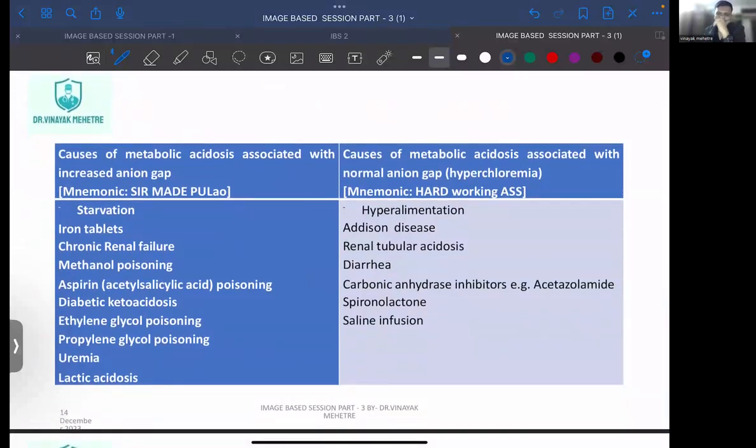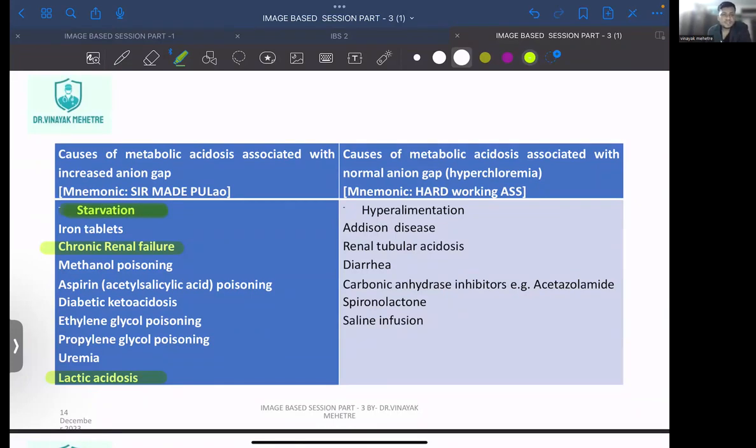You can remember increased anion gap by the mnemonic "sir made pulao". Though I will not make it for you. Remember this, sir made pulao. And in this also you should know 2-3 things. It is starvation, not dehydration. Starvation means not eating food.